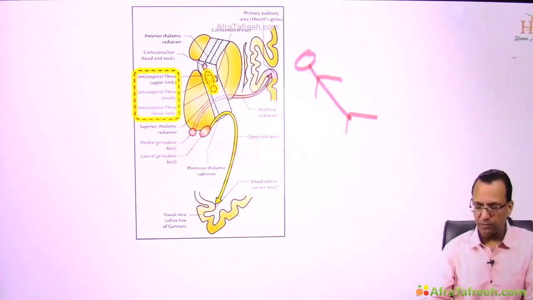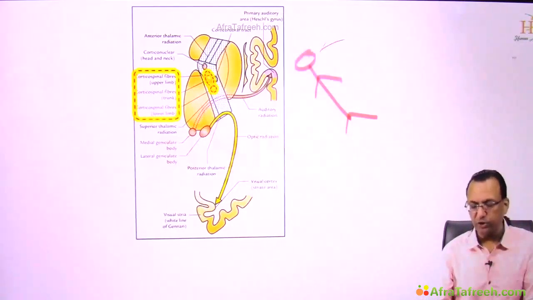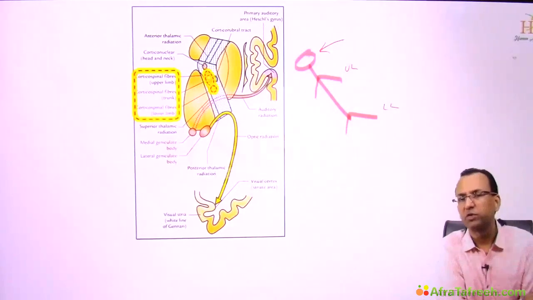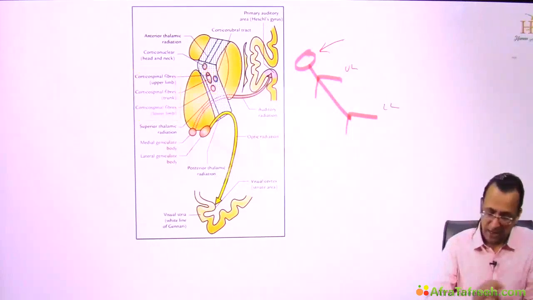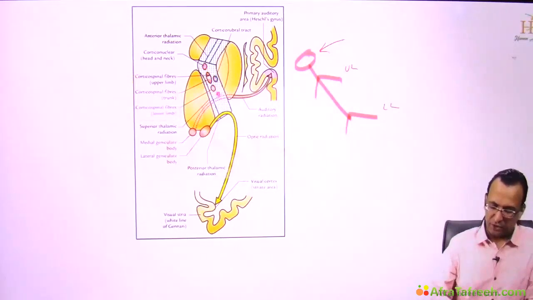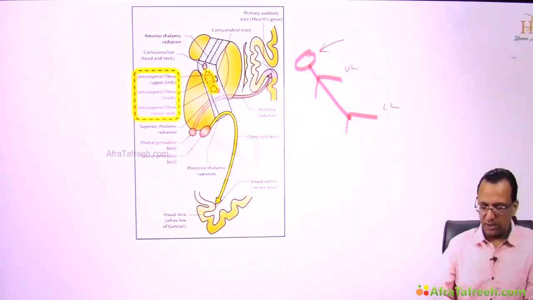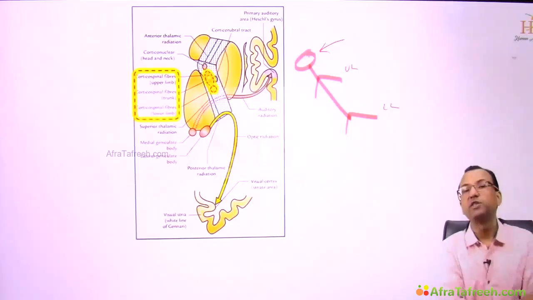So the fibers of the head are passing through the genu, whereas the upper limb or lower limb fibers are passing through the posterior limb of the internal capsule. This corticospinal tract controls the upper limb, the trunk region and the lower limb. They are in the posterior limb, whereas the head fibers were in the genu.